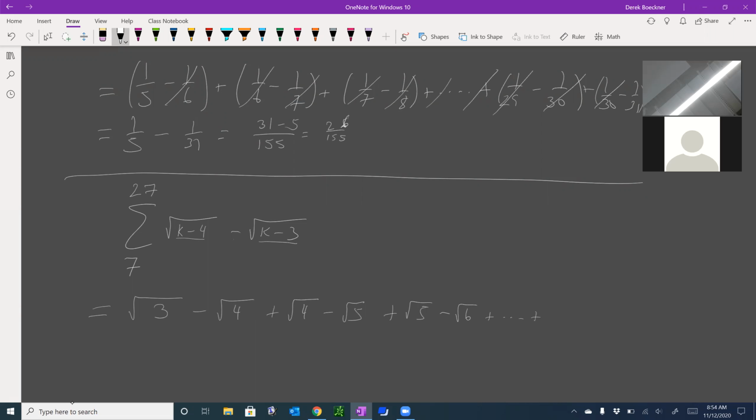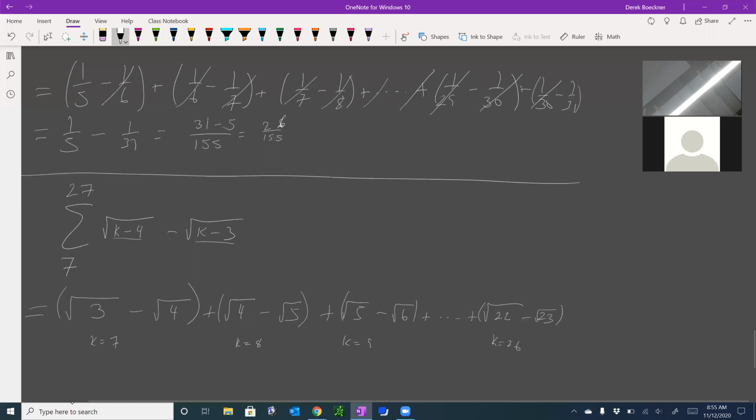Plus, let's do the 26th term, put parentheses here. This is k equals 7, k equals 8, k equals 9. Put in k equals 26, and then I get the square root of 22 minus the square root of 23. And then the k equals 27 guy, square root of 23 minus the square root of 24. Okay, those cancel, those cancel, those cancel, that cancels with this guy.